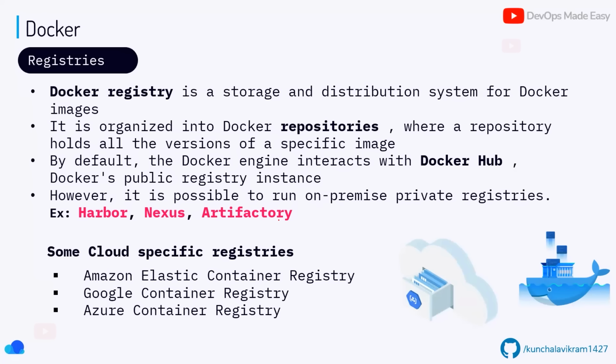But there are other options as well. You can use cloud specific registries like Amazon ECR, Google Container Registry, that is GCR, or Azure Container Registry, ACR. There is also Quay.io from Red Hat. So there are a lot of container registries.